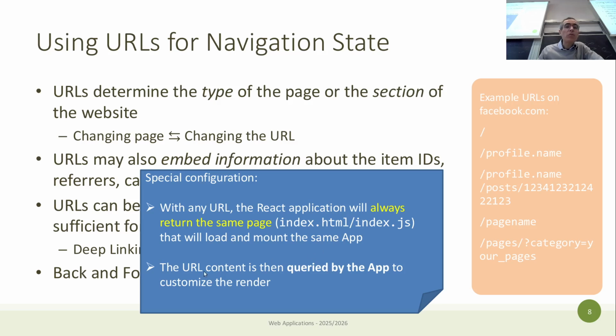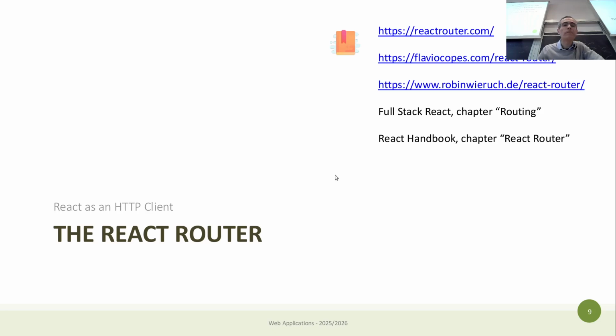And if we want to use this URL, we must make sure that the URL content is then queried by the app to customize the render. So when the application is loaded, if it's /something else, somebody has to read this something else and decide what to show depending on the content of the URL. Okay? We can do it manually, of course, as any other thing that we already did in JavaScript, but if we have a library that can help us, like a React library, that's better, right? So now we will see the React router.